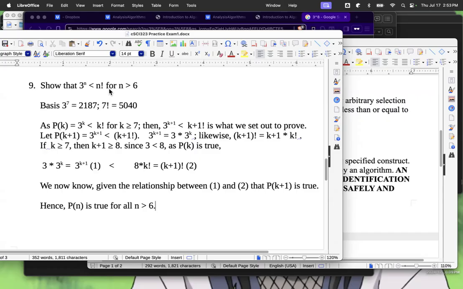So if we had to compare an n factorial algorithm with one that runs in 3 to the n, we know that 3 to the n is the lesser evil of the two, given this particular basis, because if n is anything greater than 6, then n factorial is going to take off in a much larger way. Okay.